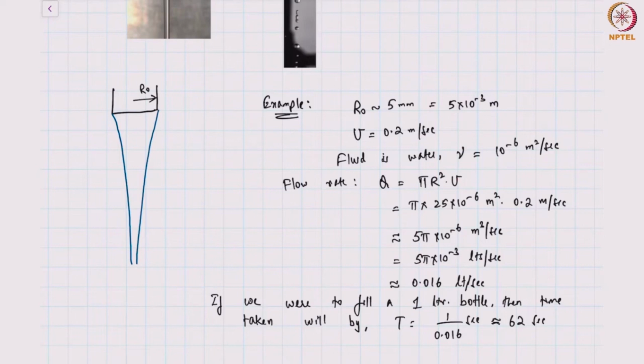So it roughly takes a minute to fill a water bottle of 1 liter capacity at this flow rate. This is sort of the common experience when we use a typical UV or an RO filter.